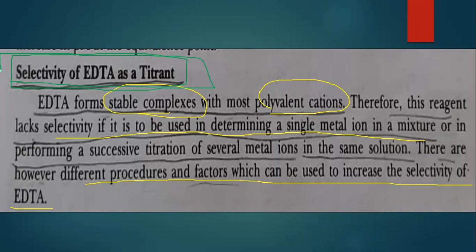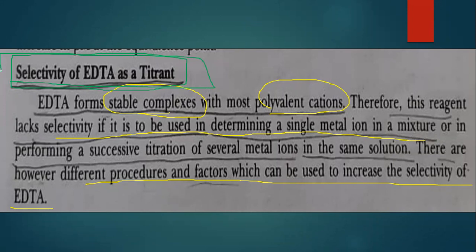So what are the things that can help us increase the selectivity of EDTA as a titrant for the analysis of a particular element from a solution of different metal ions? That is what we are going to see in this lecture. After that, we'll see the advantages and the limitations of using EDTA as a titrant.